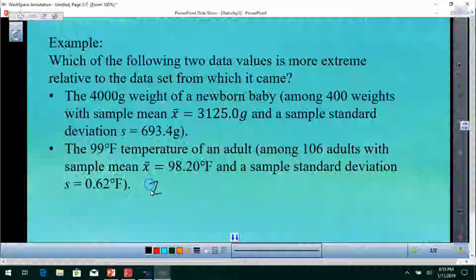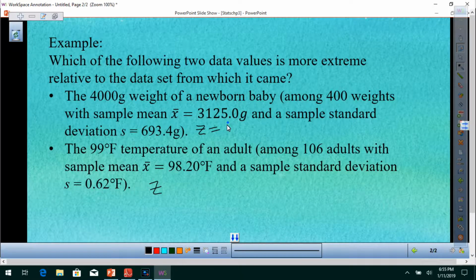So for the first one, z equals 4,000, that's the x, minus the x bar, 3,125, divided by 693.4. Let's try that in our calculator.